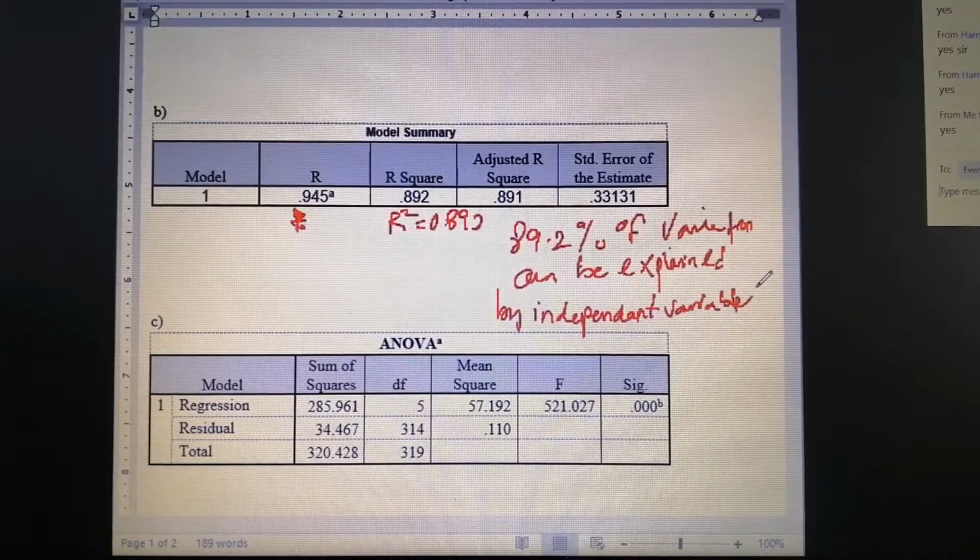Okay, so what information can you collect? What else?